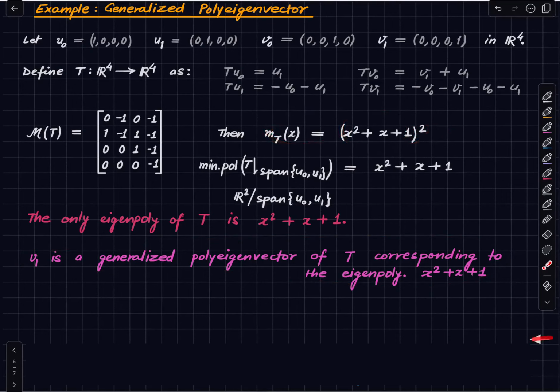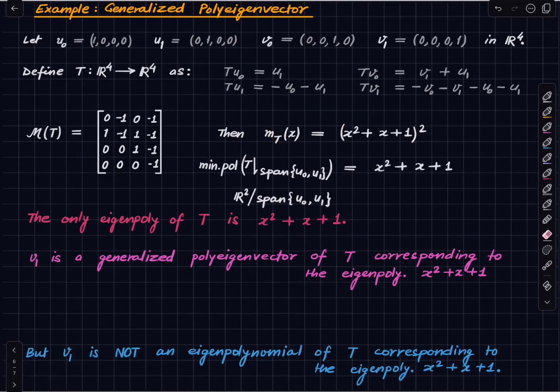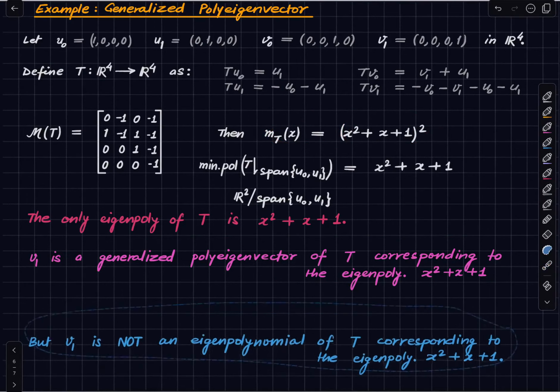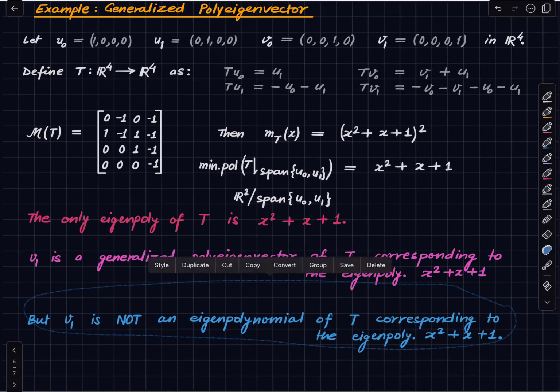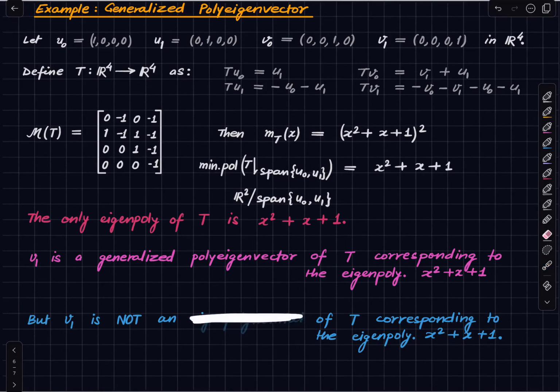But you can check just by a simple computation that V1 is not a Polyeigenvector, even though it is a generalized Polyeigenvector of T corresponding to this guy. What have I written? I said something wrong and I wrote something wrong.